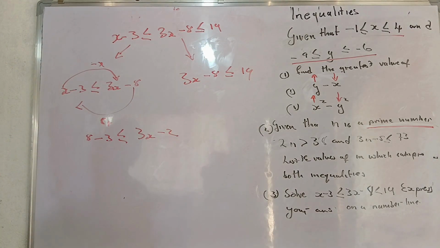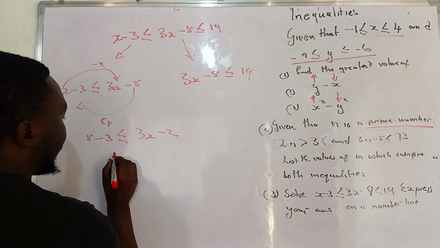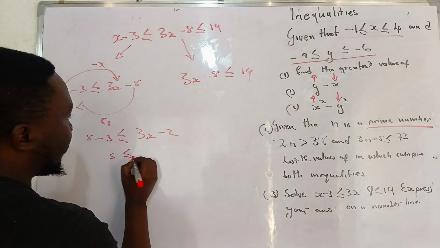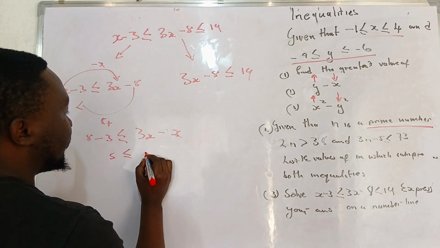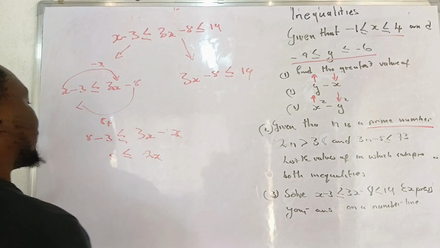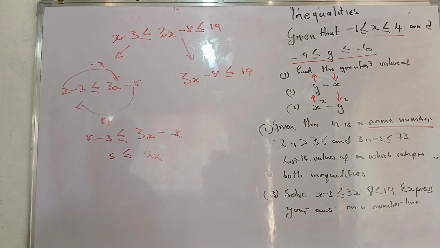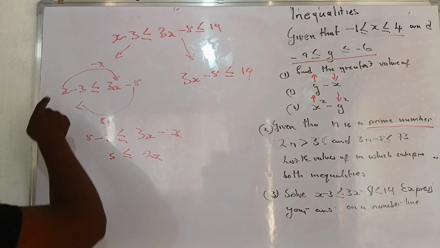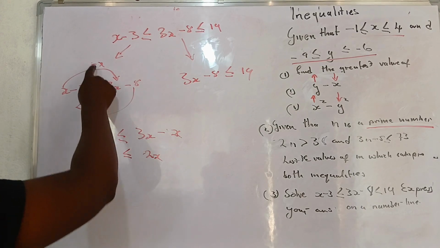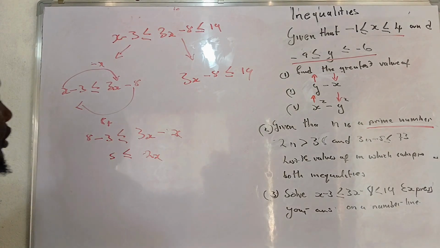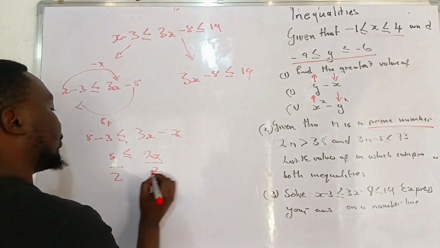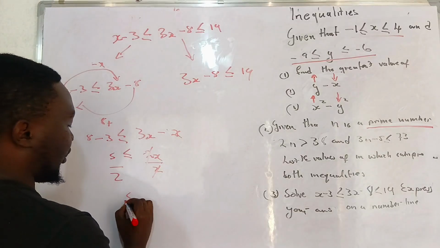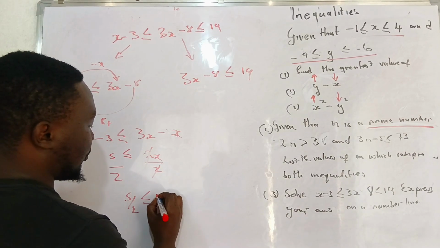So 8 minus 3 is 5, so this is going to be 5 less than or equal to 2x. So we divide by 2 and we divide by 2. So here you have 5 over 2 less than or equal to x.